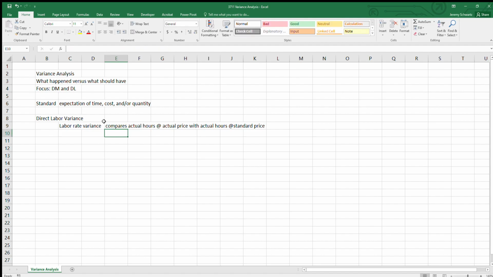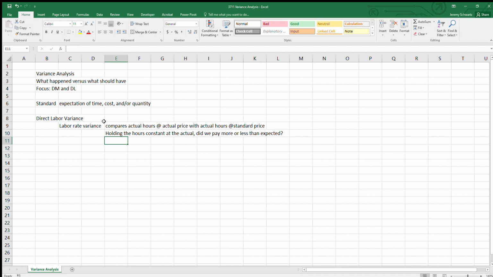So what this does is look at what would happen for the time. Using a little bit of economics, holding the hours constant at the actual, did we pay more or less than expected?